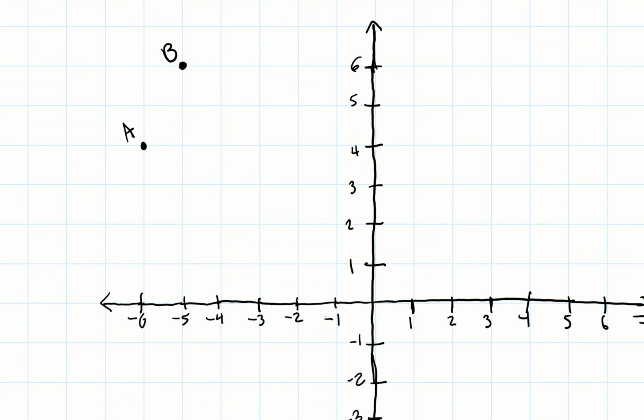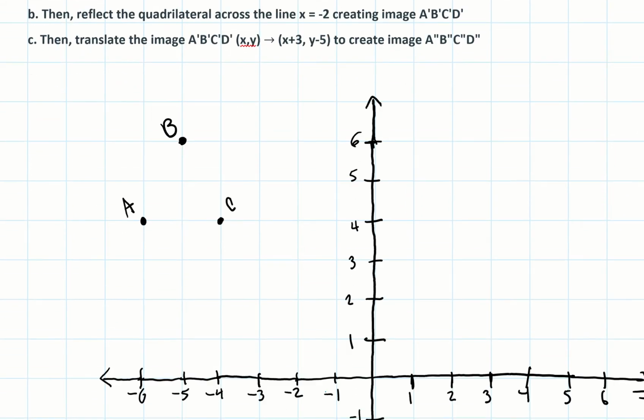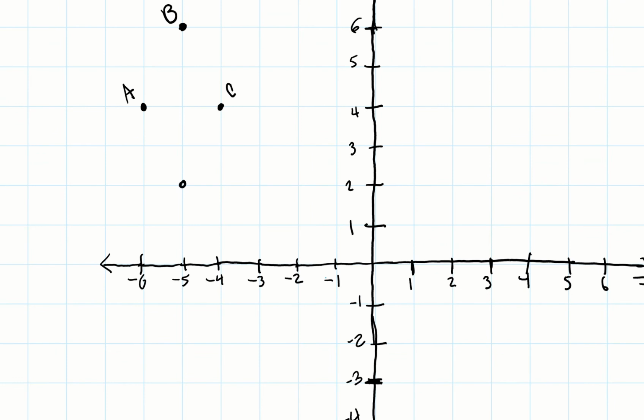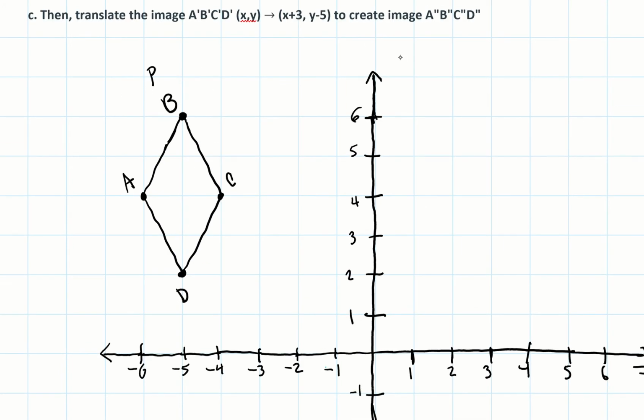Negative 4, 4 for C. Negative 5, 2 for D. So this is my quadrilateral. Okay, so we got our pre-image. We're going to label this our pre-image.